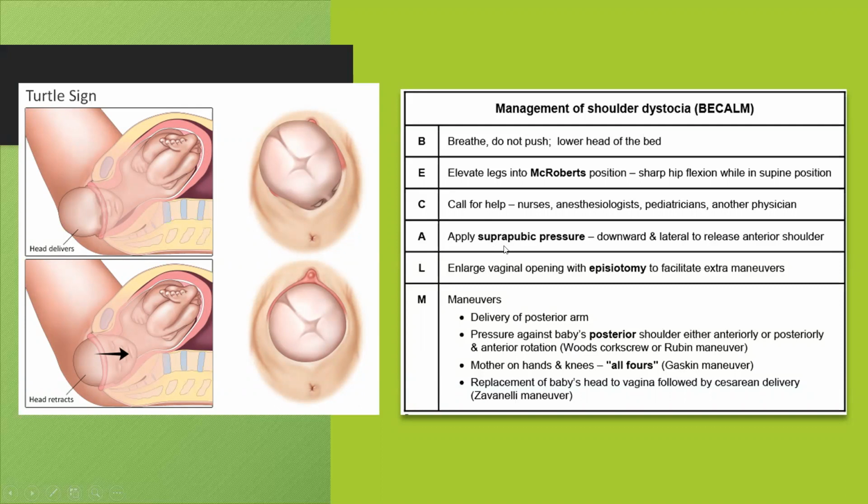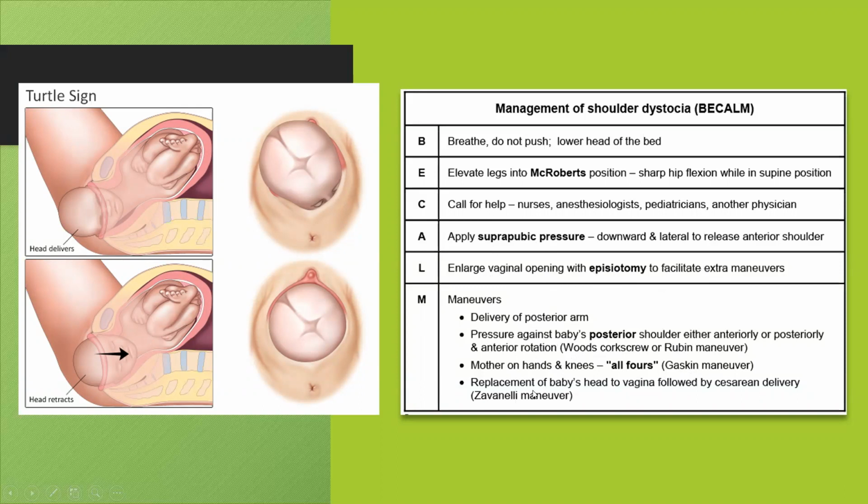We will apply suprapubic pressure, which is downward and lateral, trying to help that shoulder release. The provider may enlarge that vaginal opening with an episiotomy to facilitate other maneuvers. And then some of the maneuvers they may do are delivery of the posterior arm, pressure against the posterior shoulder, that's called the Woods, corkscrew, or Rubin maneuver. Moving the mother to the hands and knees position is the Gaskin maneuver, named after Ina May Gaskin, the famous midwife.